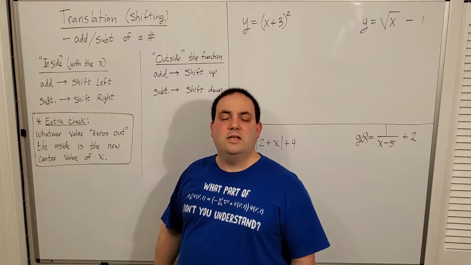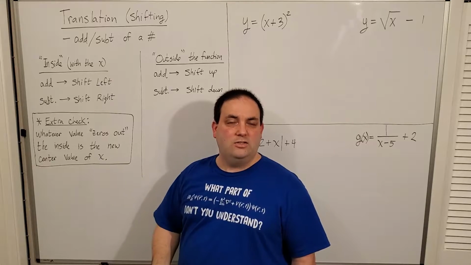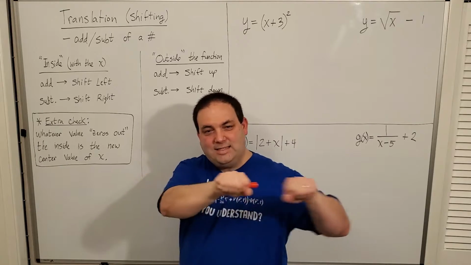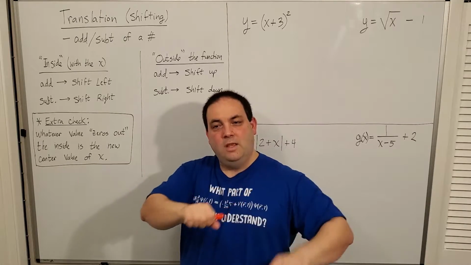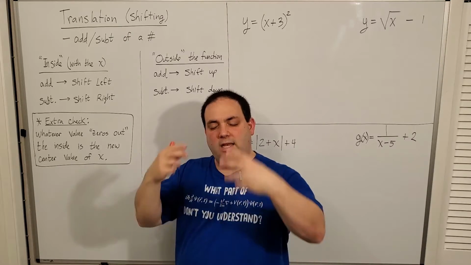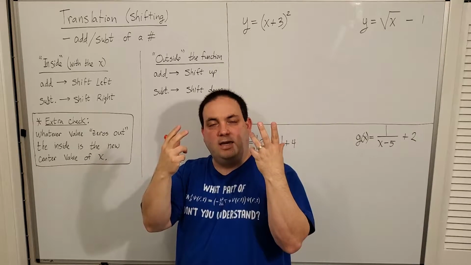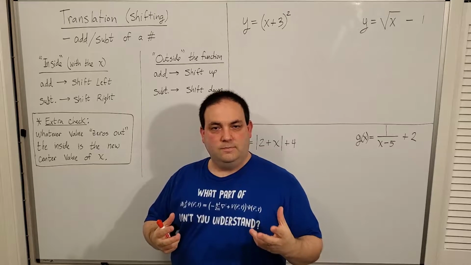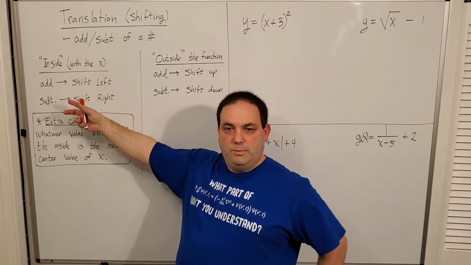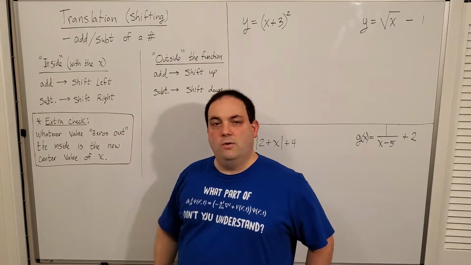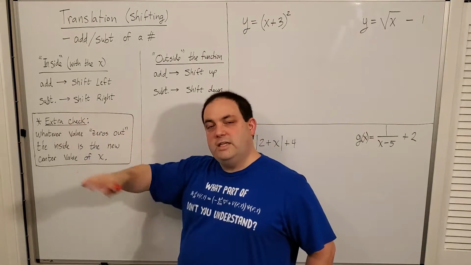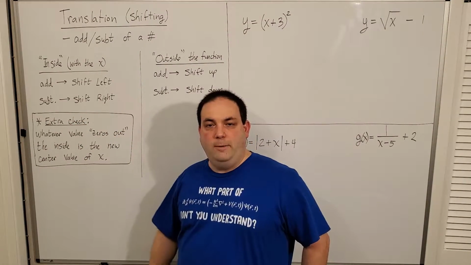That's because you're adding and subtracting directly to the x variable, which is more like shifting the axis itself. So your graph is there and I'm shifting the axis away from it. We just tend not to think that way because our minds like to think in terms of outputs, the graph itself. So this is what your perspective is going to be. If there's an added number in there, the graph will seem to move to the left, and if there's a subtracted number on the inside, it will seem to move to the right.